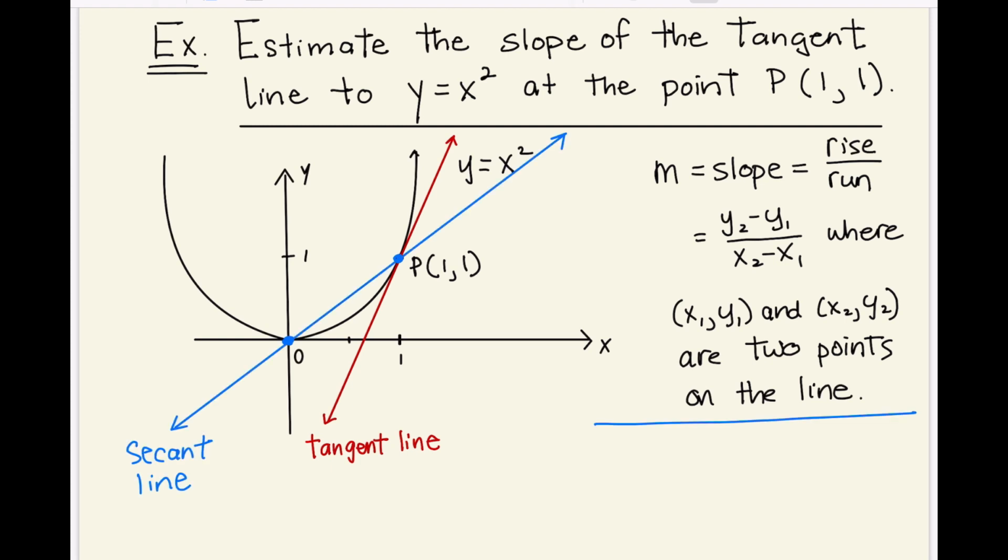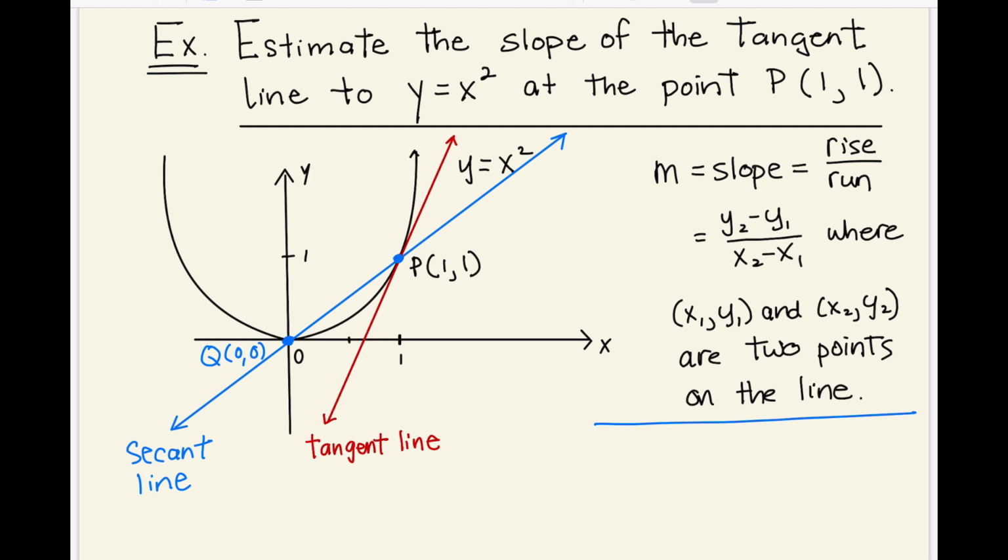Here you can see the secant line, and I'm going to call the second point here Q(0, 0). The first 0 is just x equals 0, and the second 0 is x squared, 0 squared, equals 0.